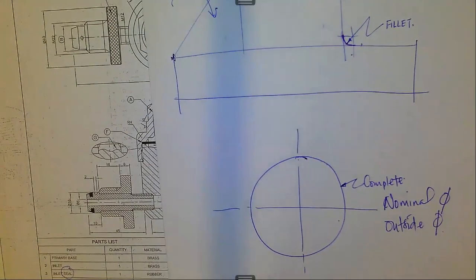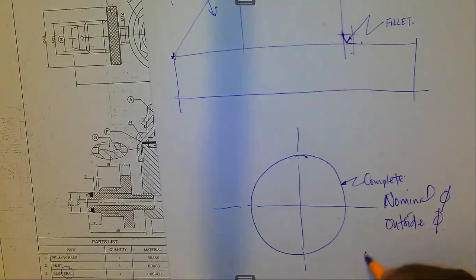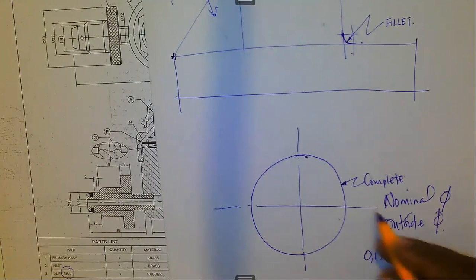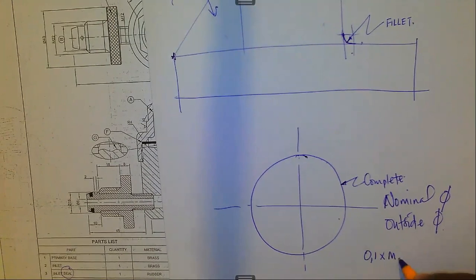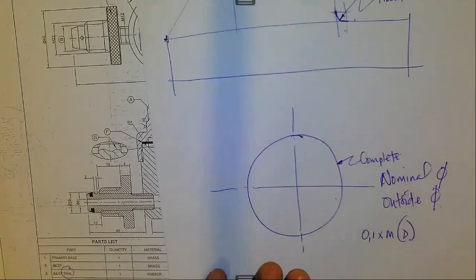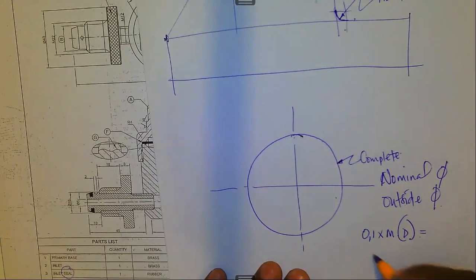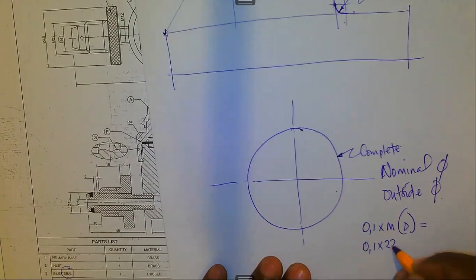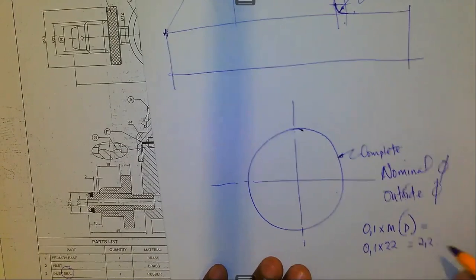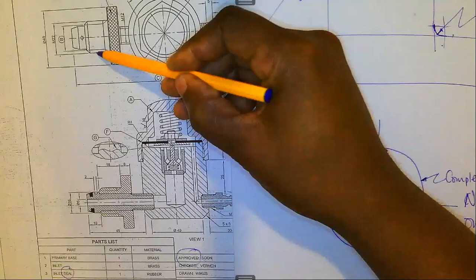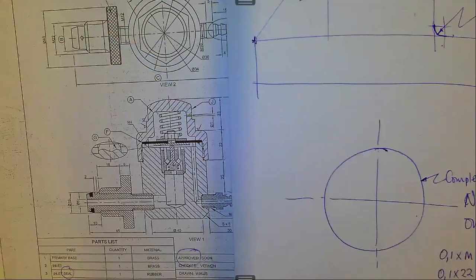But if you are not given the depth of the thread, you say 0.1 multiplied by the metric size, which can also be referred to as D. So 0.1 multiplied by 22 gives 2.2. So the distance from here to there is 2.2, and the distance from here to there is also 2.2.